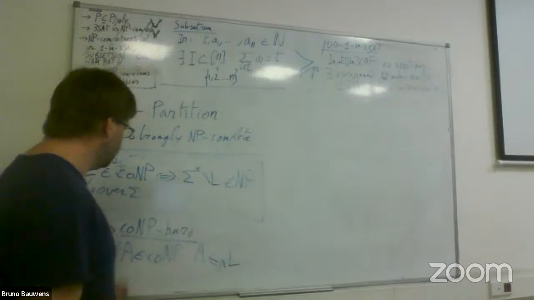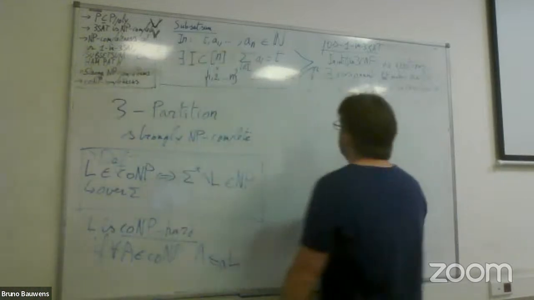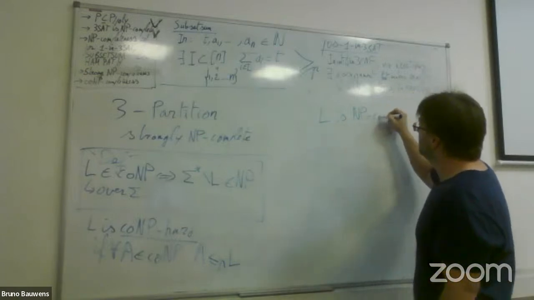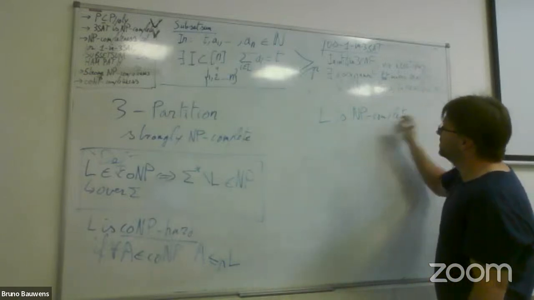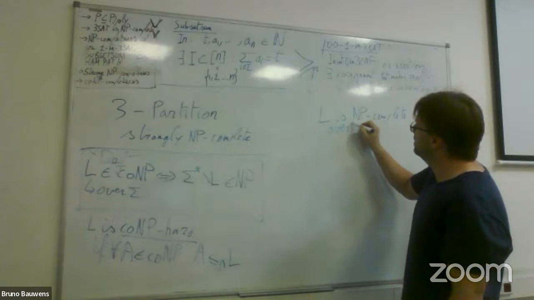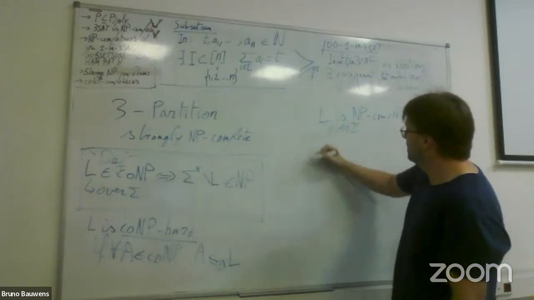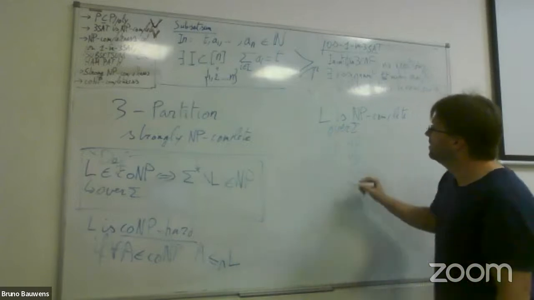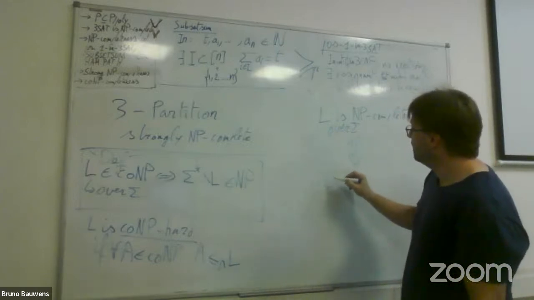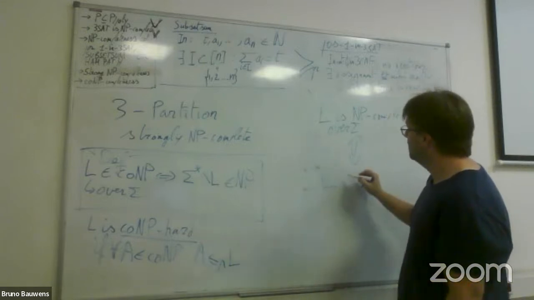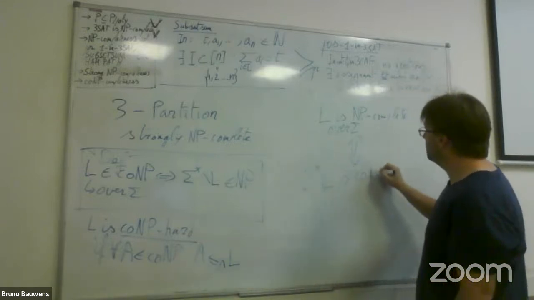And now notice that L is NP complete over sigma if and only if the complement of L is co-NP complete.